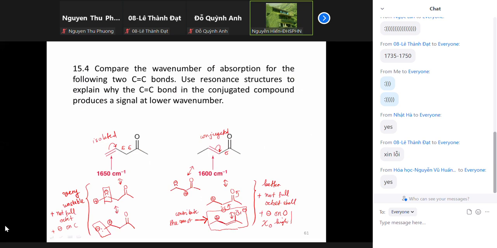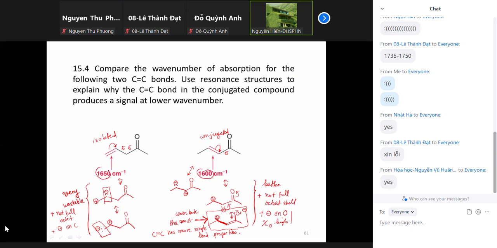So you see that in this structure, the CC bond has some more single bond properties, and therefore its absorption wave number is lower.